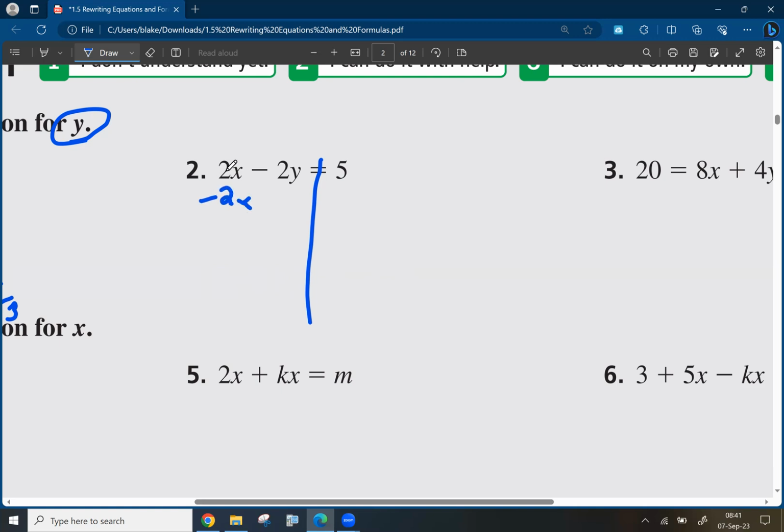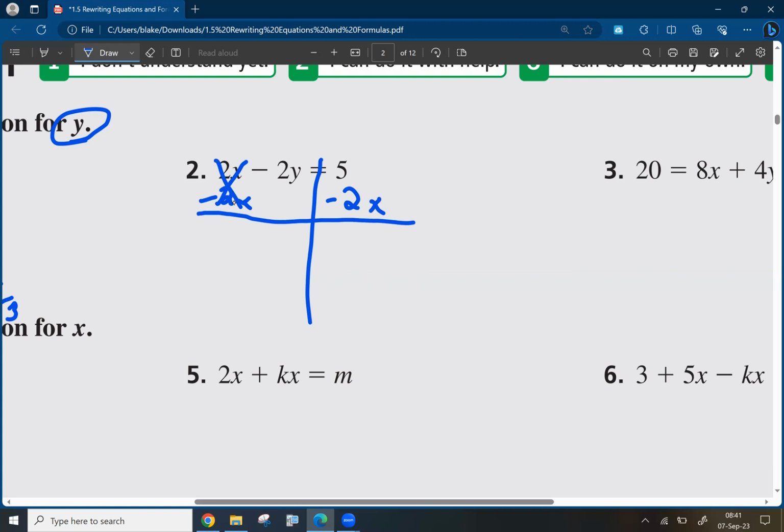Because think about what will happen. What is 2x minus 2x? 0. It's going to cancel out entirely and just disappear. So that's the reason I'm going to be subtracting, because that's what I want. Now keep in mind though, because I did that on the left, that I also do it on the right. So on the left, as we mentioned, 2x minus 2x becomes 0.